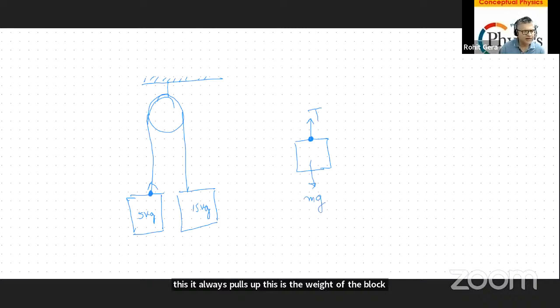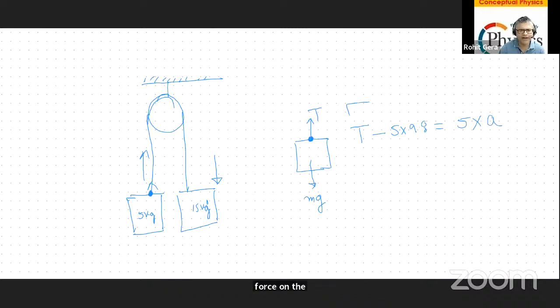Because this is heavier, obviously, the system will go upwards on this side and downwards on this. So we have drawn one free body diagram and let's write the equation. Tension minus 5 into 9.8 is equal to the net force on the 5 kg block. This is Newton's second law applied to connected bodies.